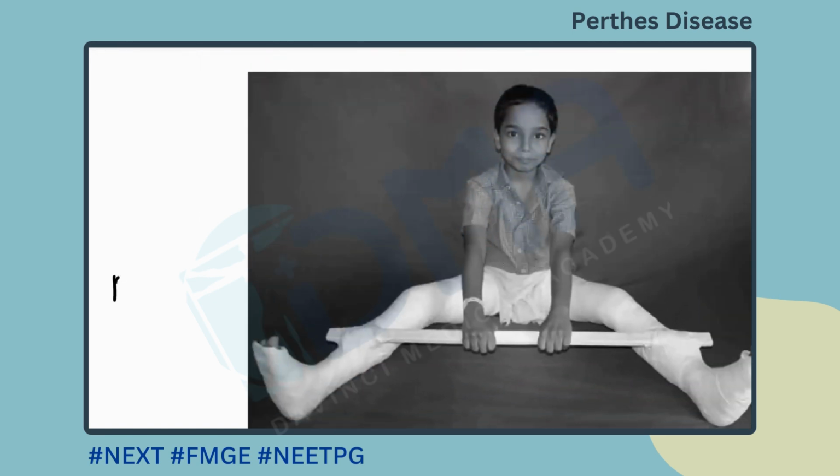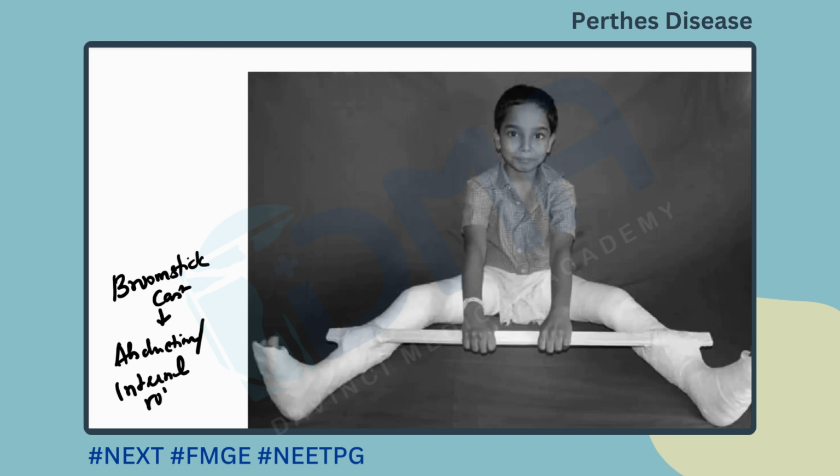This cast is called a broomstick cast, where the hip is kept in abduction and internal rotation. Very, very important. If you keep the child in abduction and internal rotation, the head stays within the joint and there are more chances for the head to recover. Otherwise, the head will subluxate.